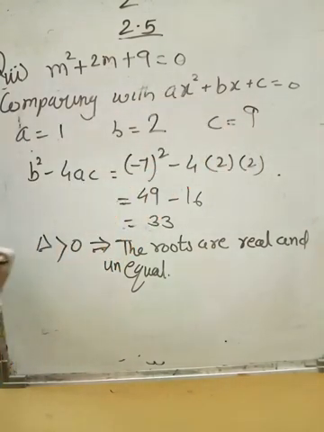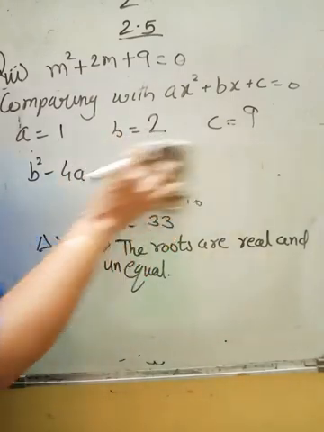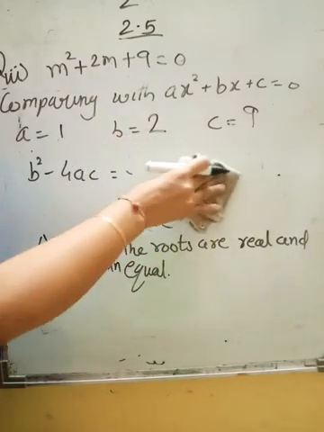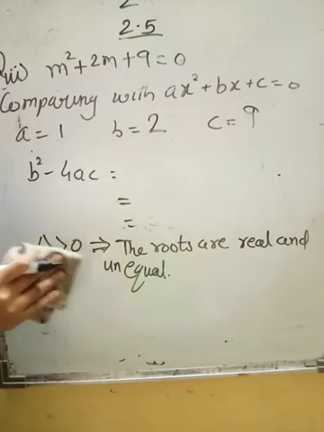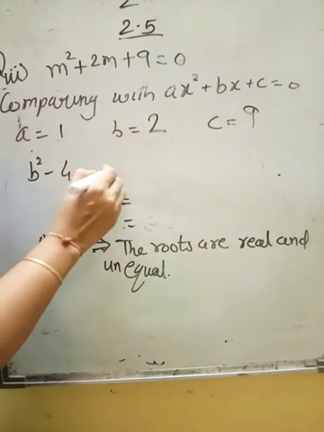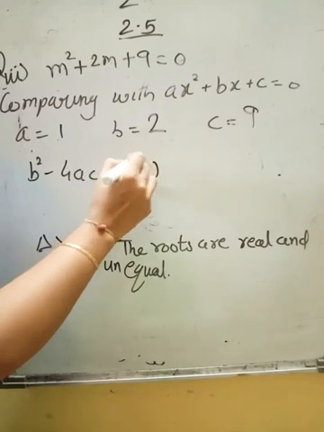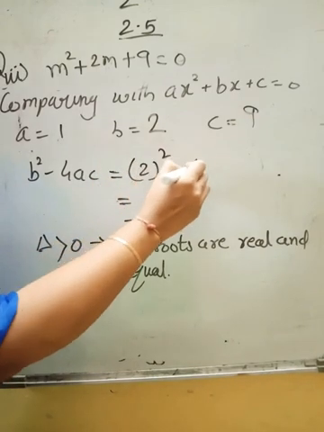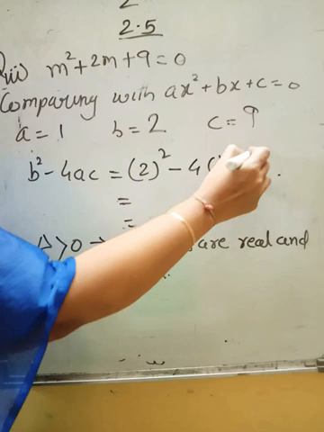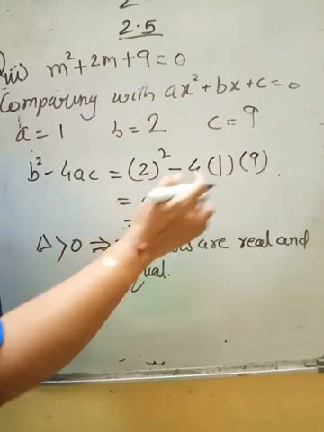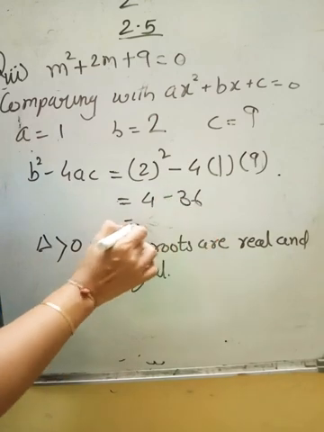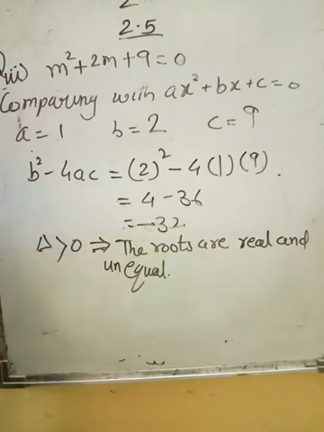So let us find out the value of the discriminant. So you have 2 square minus 4, a is 1 and c is 9. So you have 4 minus 36. So the answer came out to be minus 32.